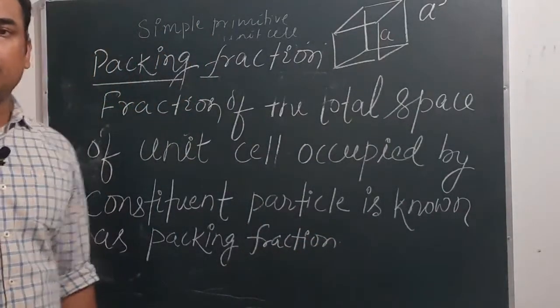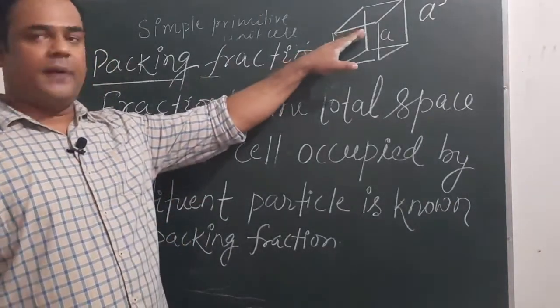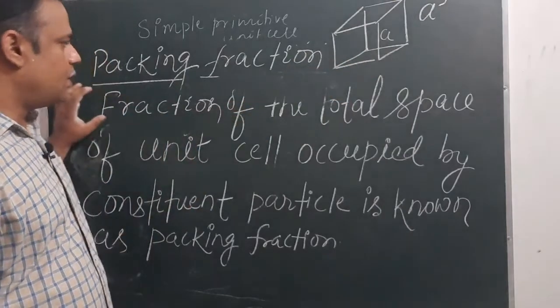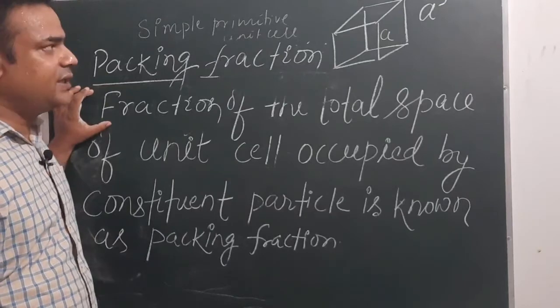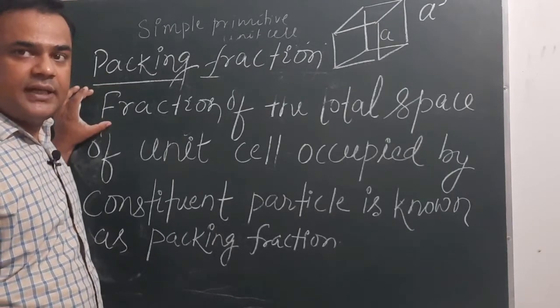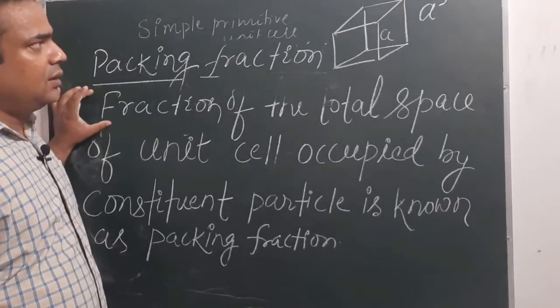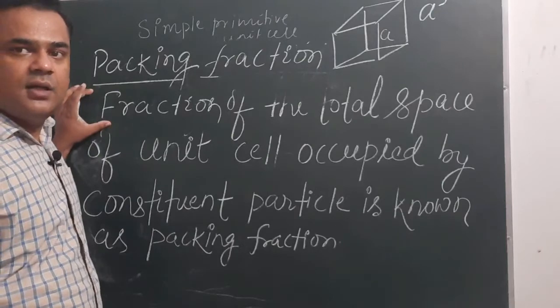Now if this occupancy is discussed in terms of volume occupied by the constituent particles divided by total volume, then it is called fraction. The difference between fraction and percentage is that in case of percentage we calculate in 100 parts, that is, in 100 parts of the volume how much is occupied by the constituent particles.